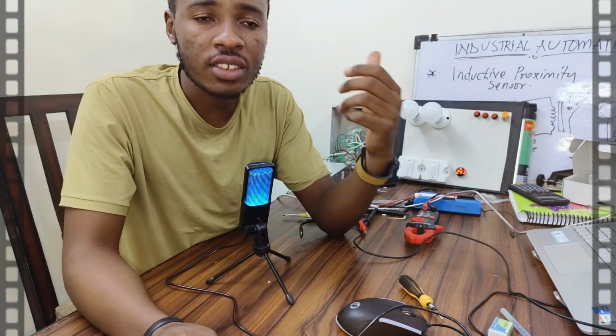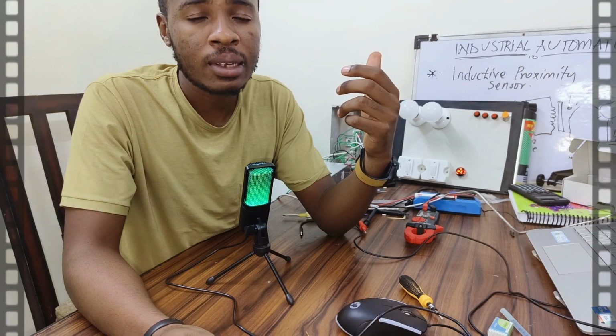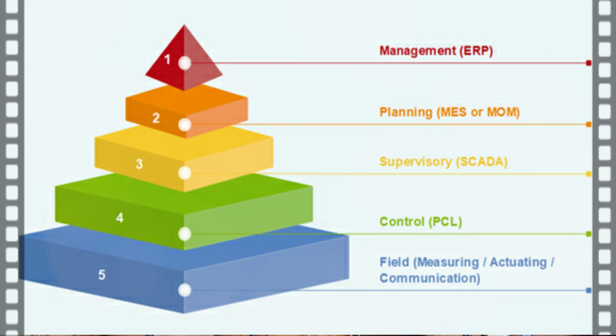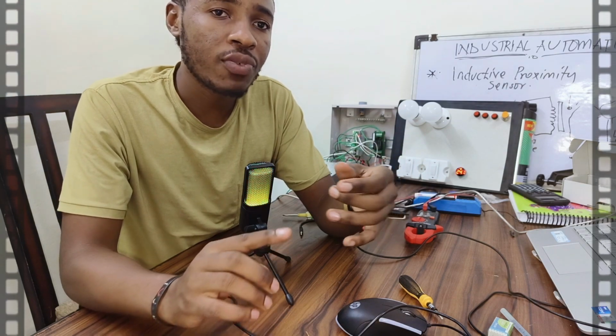A switch is the first space in automation, because it's where signals have to emanate from. Signals have to come from the field level, and they come via switches. Maybe one person has switched something on or off, because nowadays mostly the switching is done remotely.